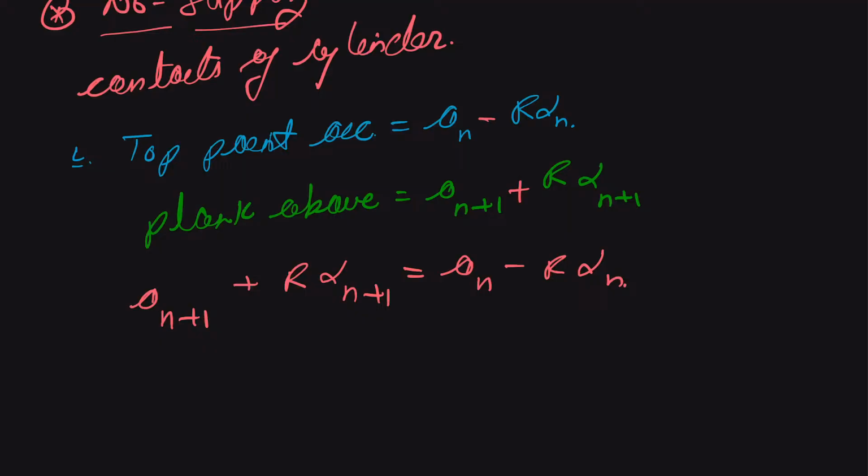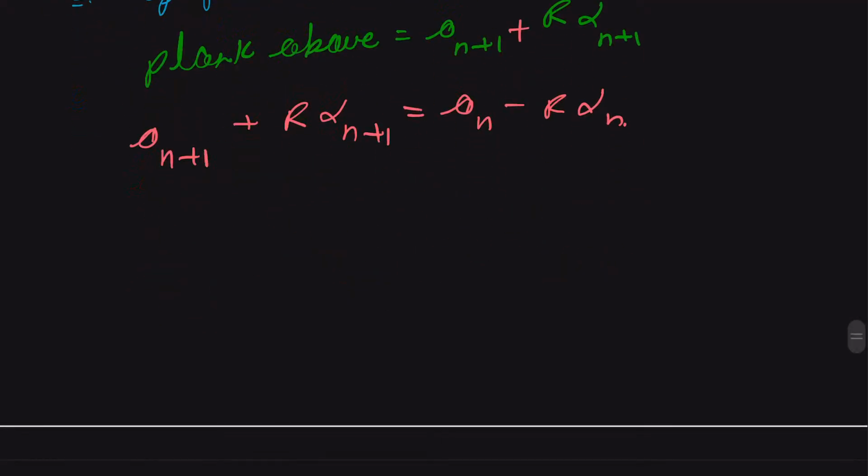And we are having two linear relationships between the successive levels. So we can just replicate them and we can say that we are having two linear relations between successive levels.